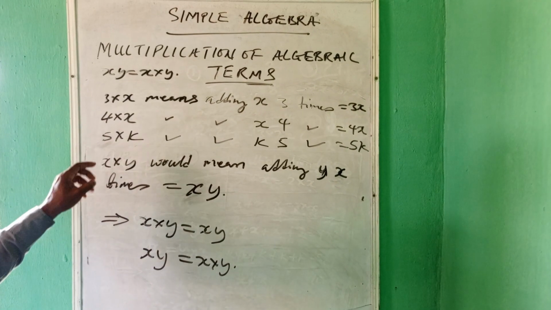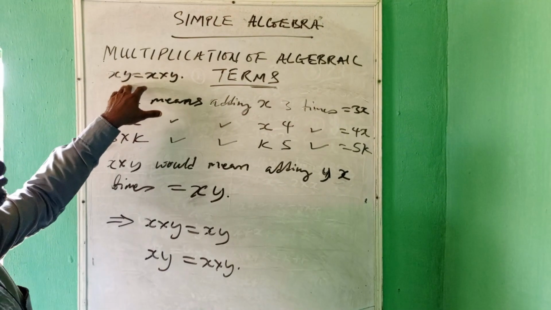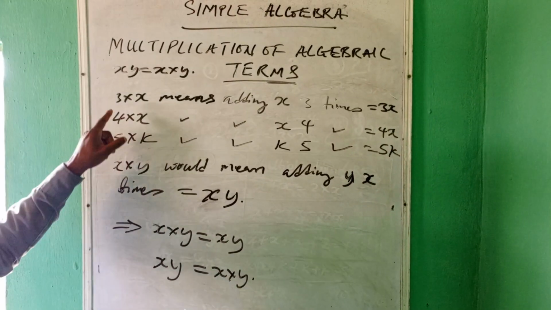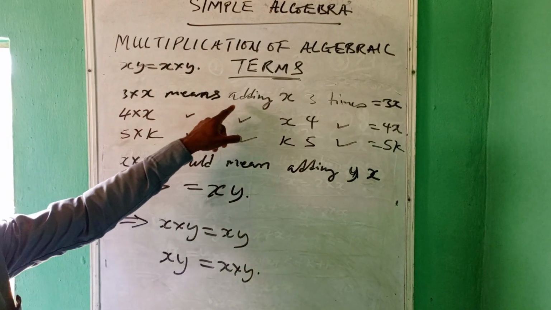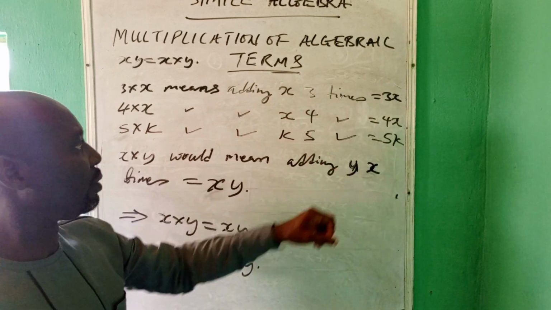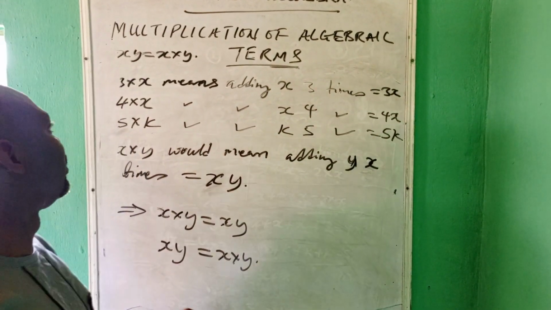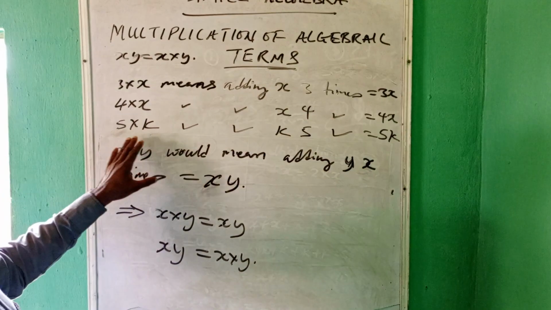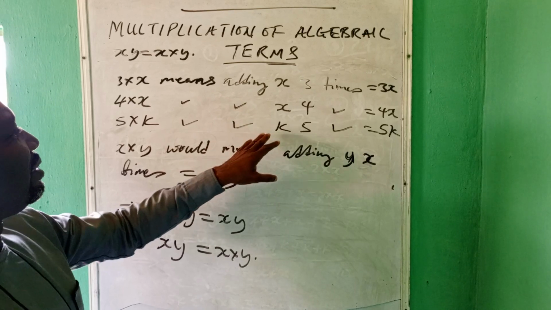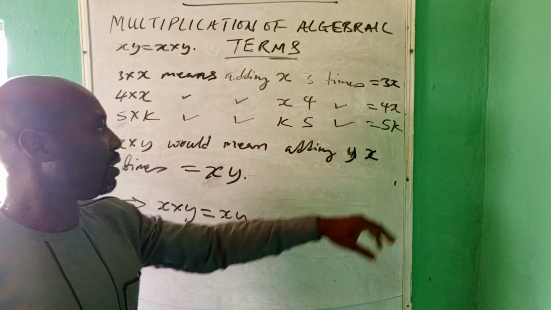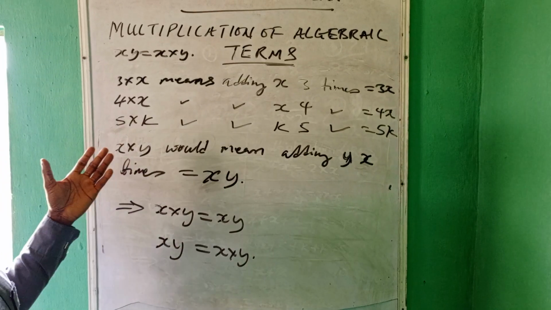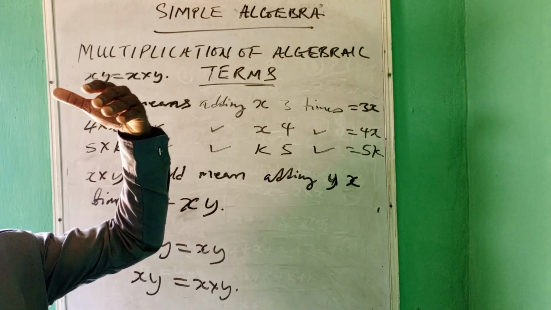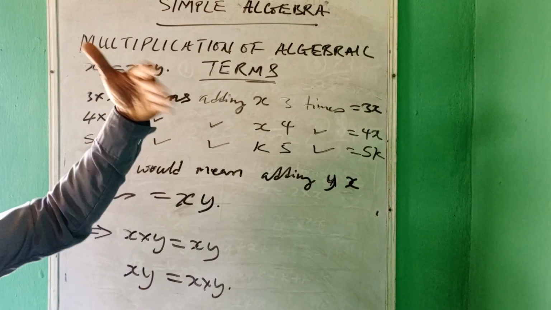Now we are going to be proving that xy is equal to x times y. Recall that 3 times x means adding x 3 times. That is also 3x. 4 times x means adding x 4 times. 5 times k means adding k 5 times. That is 5k. In the same way, a number multiplied to a letter means you are adding that letter that number of times.